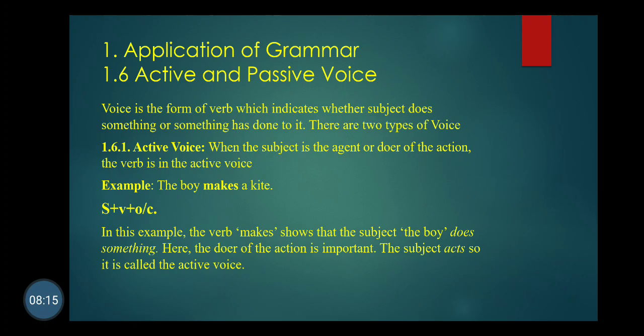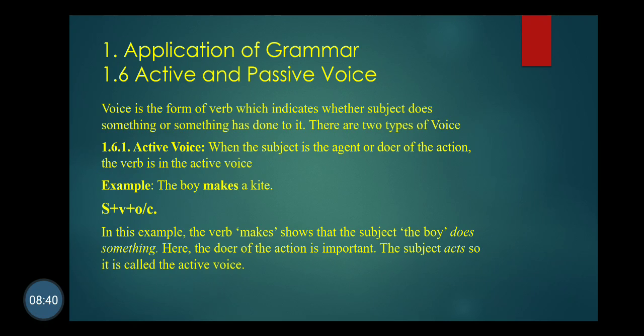Do you know, voice basically is a form of verb which denotes action. If subject is doing the action and subject is important, then it is active voice. If object is important, action is important, then it is a passive voice, because subject is passive in that sentence. That's why it is called passive voice.